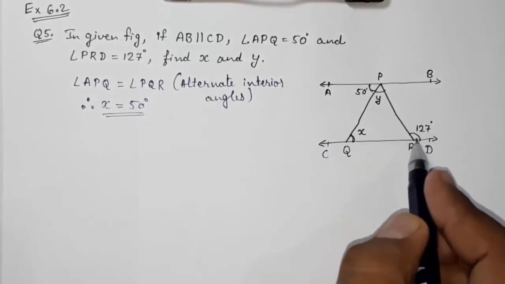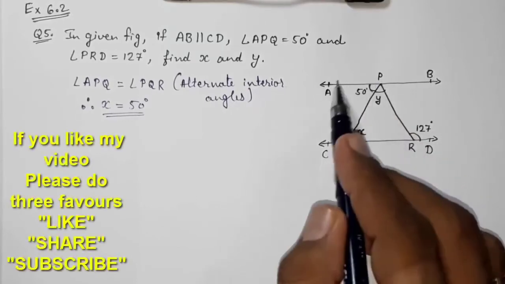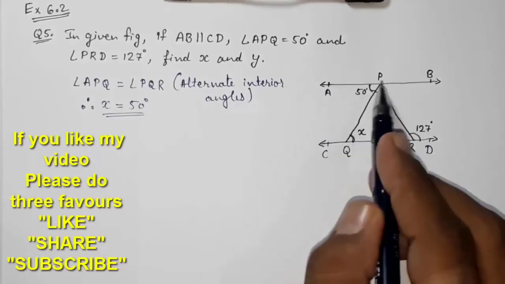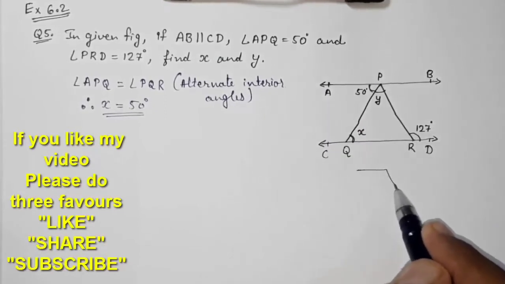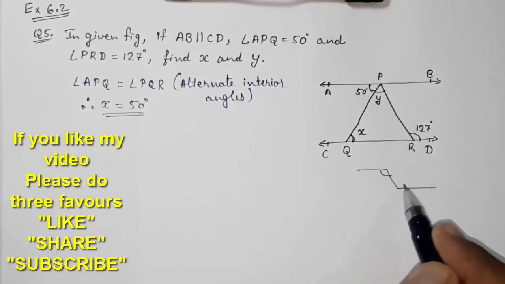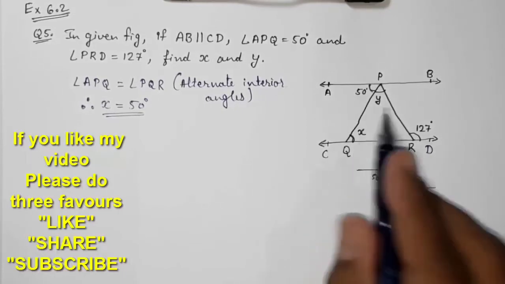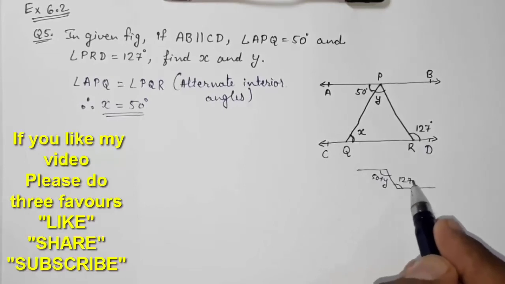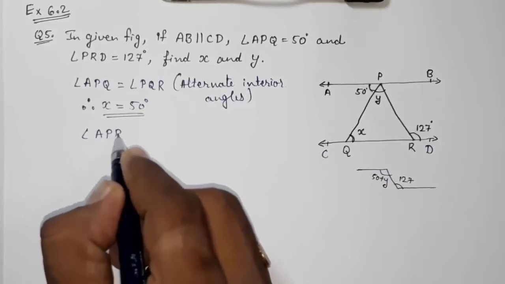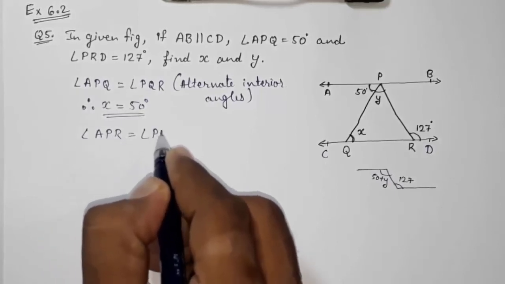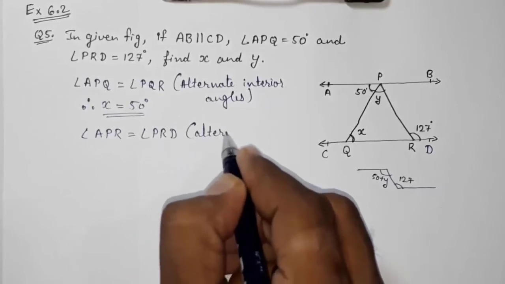Now again we can see that AB is parallel to CD and this PR is the transversal. So you can see that APR is equal to PRD. Look here, I am drawing a rough figure so that you can come to know this and this. This is actually 50 plus Y, and this is 127. So I can write that angle APR is equal to angle PRD, alternate interior angles.